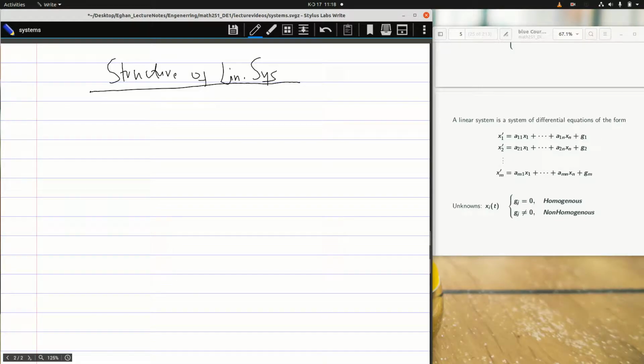If I have it as some x1 prime and then some coefficients of some other variables. You know, prime means you're looking at the rate of change. So this is some plus j1 through to some plus jn.